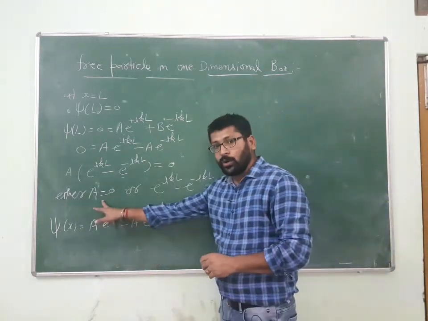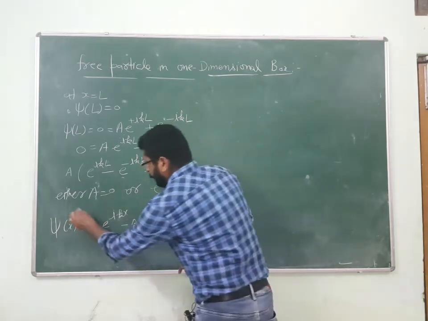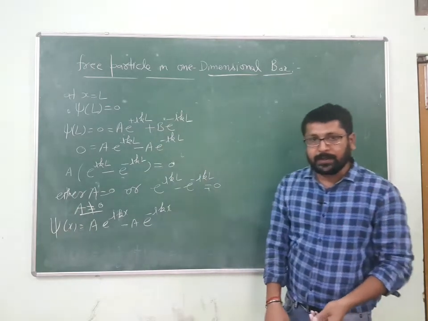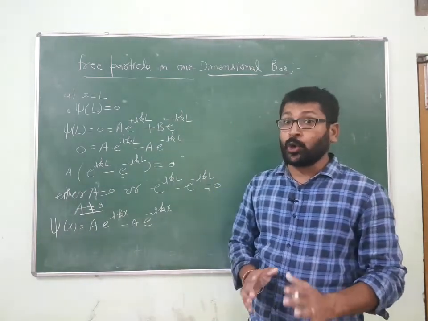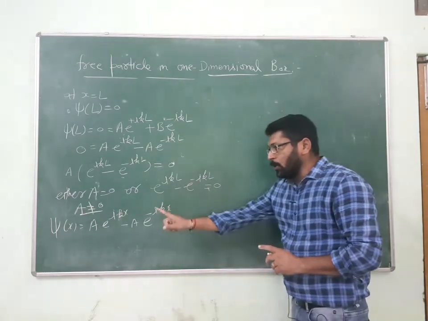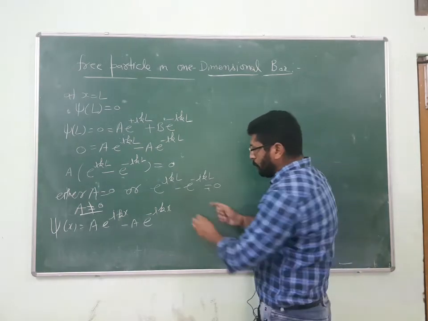So a cannot be 0, because if a becomes 0, that means there is no particle inside the box, which is not true. So a cannot be 0, that means this term has to be 0.